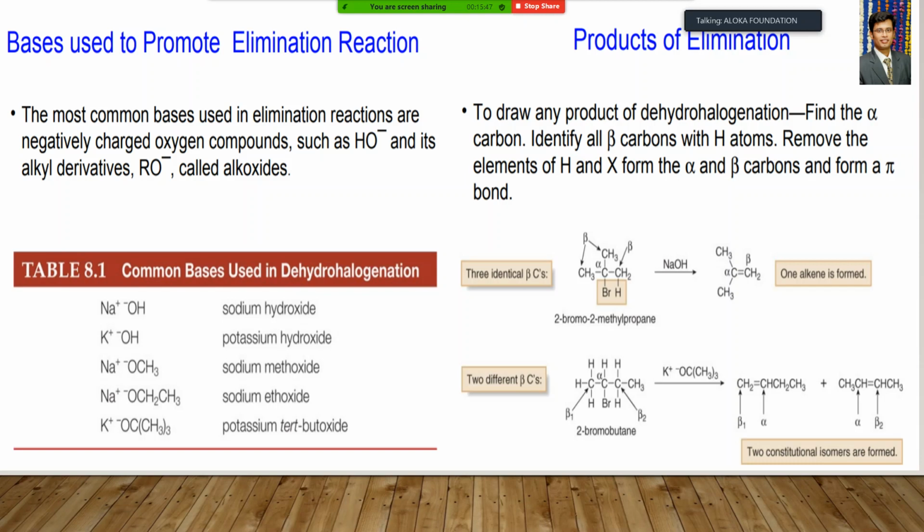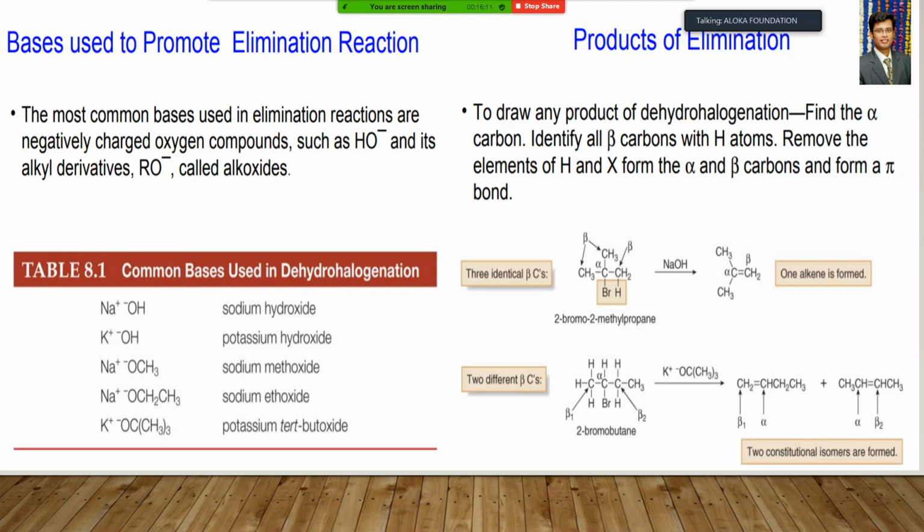Some of the bases commonly used for dehydrohalogenations are sodium hydroxide, potassium hydroxide, sodium methoxide, sodium ethoxide, and potassium tertiary butoxide. The base should be strong so that it can abstract a proton rather than undergo a substitution. So a strong base should be used in elimination reactions.